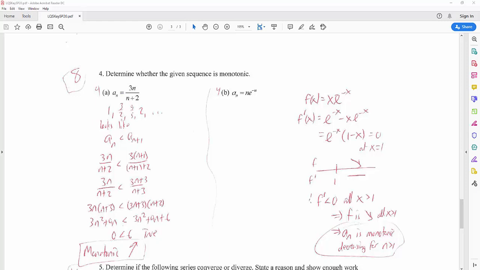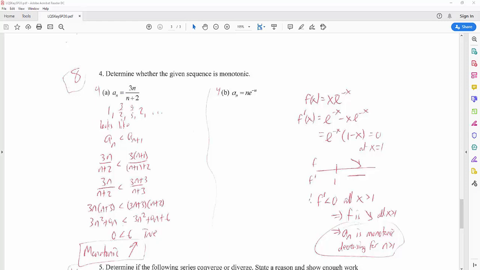So when I look at the terms, I only wrote down 4 terms: 1, 3/2, 9/5, 2. It looks to me like those terms are increasing. And that's monotonic increasing. So that means a sub n has to be less than a sub n plus 1. That's what it would mean for monotonic increasing.